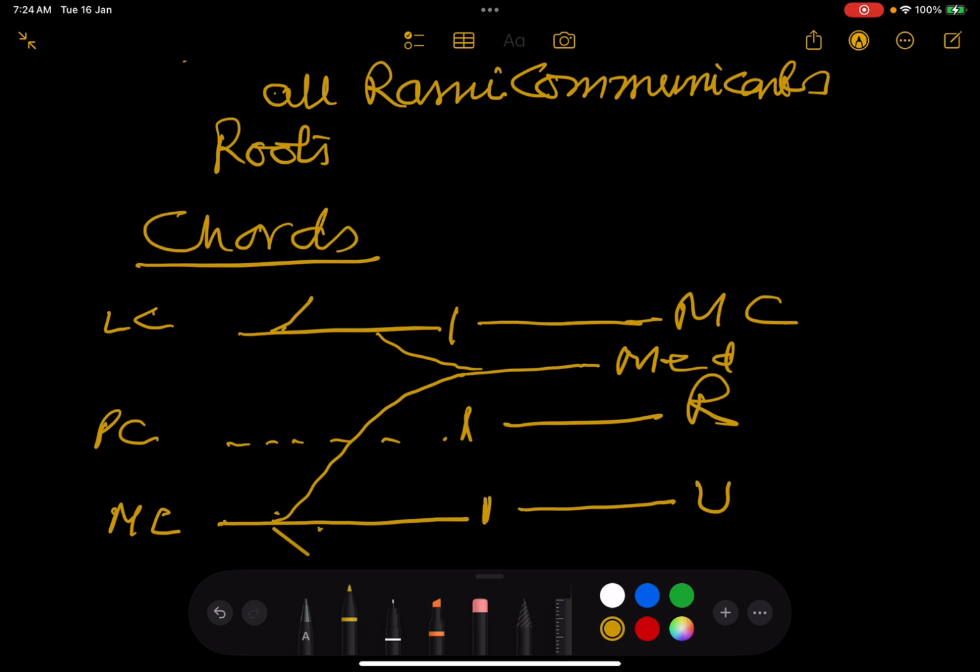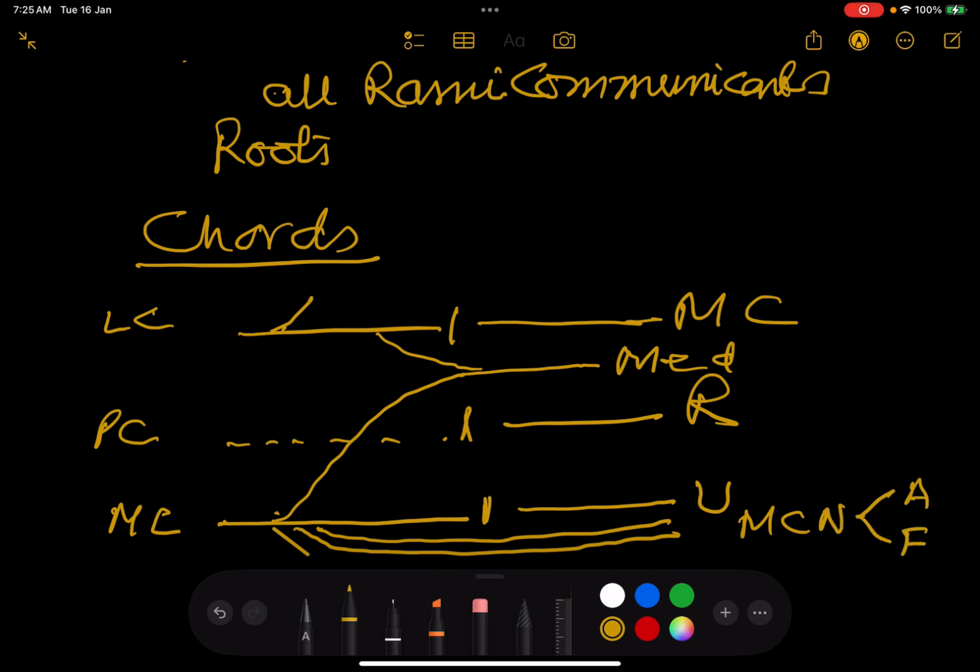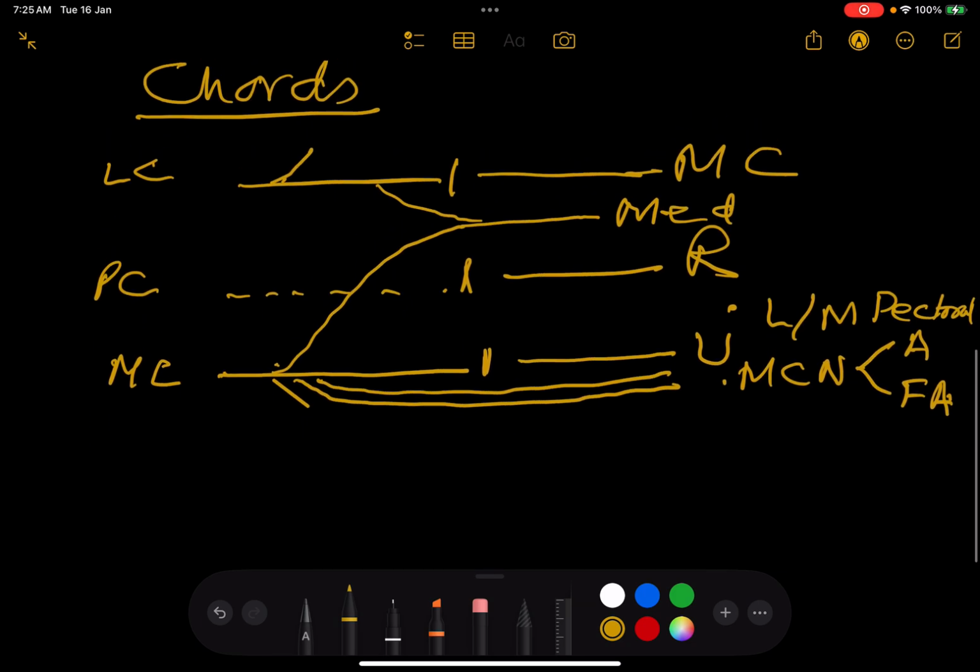From the medial cord additionally we place the medial cutaneous nerve of arm and forearm. So first we place the lateral and medial pectoral. Then we place the medial cutaneous nerve of arm and forearm.